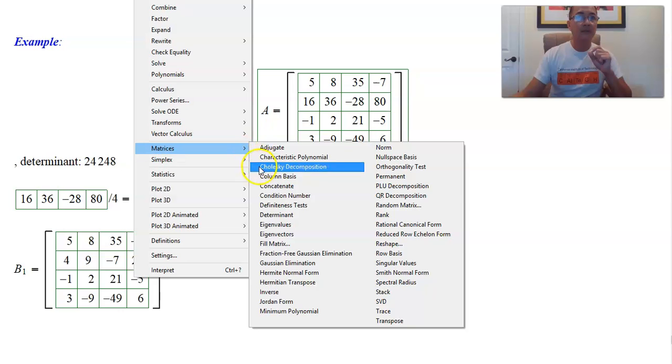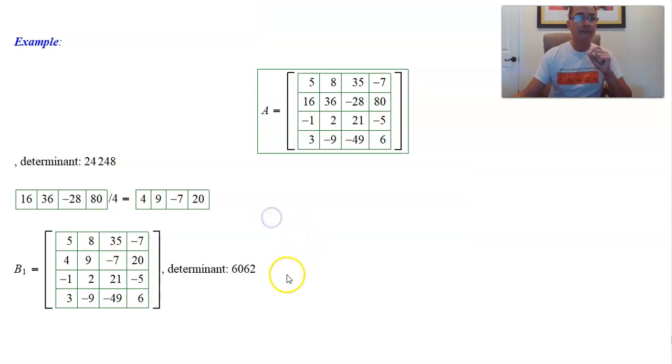Let's look at the relationship. Compute the matrix's determinant. 6062. A lot smaller. Why? Because I owe the determinant of A... I'm sorry, no, 7 is later. 4 for now. So if we multiply by 4 here, then we get the original determinant.